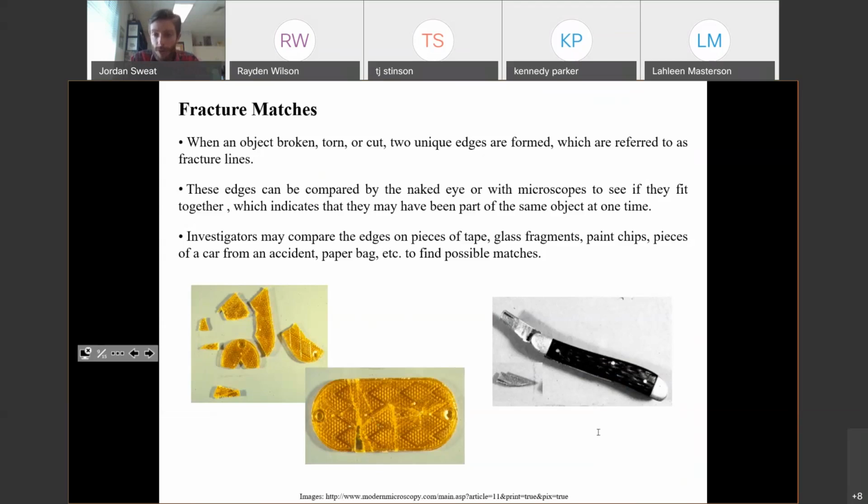All right, so what do I want you to know about fracture matches? Tell me, what are fracture lines? Fracture lines are the things that, when something breaks, connect all the pieces together.